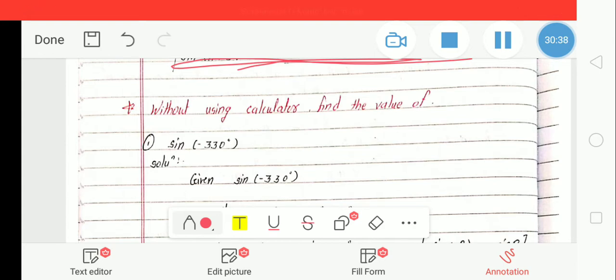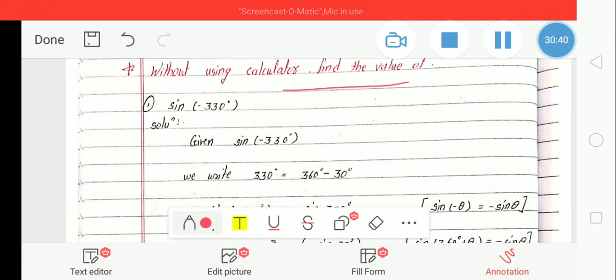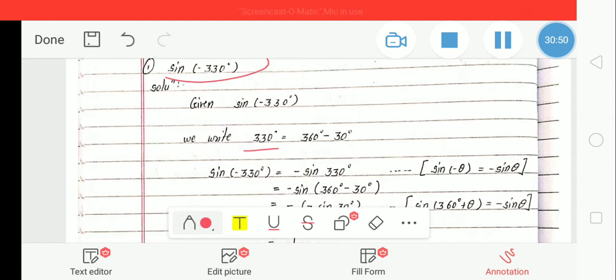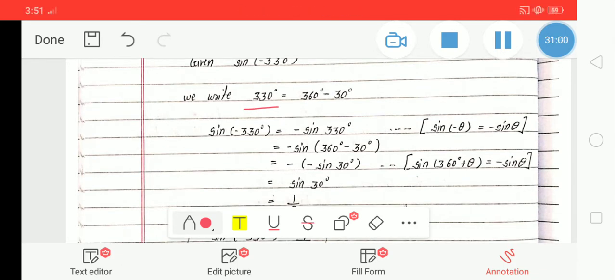Without using a calculator, find the value. Without using a calculator we can find the value of sin minus 330. So how to find? We separate it. 330 means 360 minus 30, so 360 minus 30 is equal to 330. Now multiply by sin. Now we take sin minus 330 is equal to, we know that sin minus theta is equal to minus sin theta.